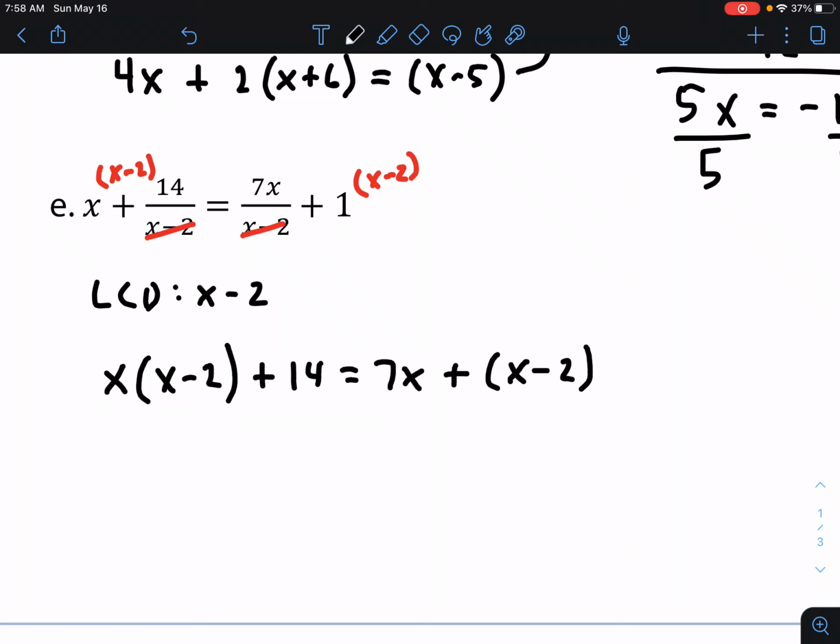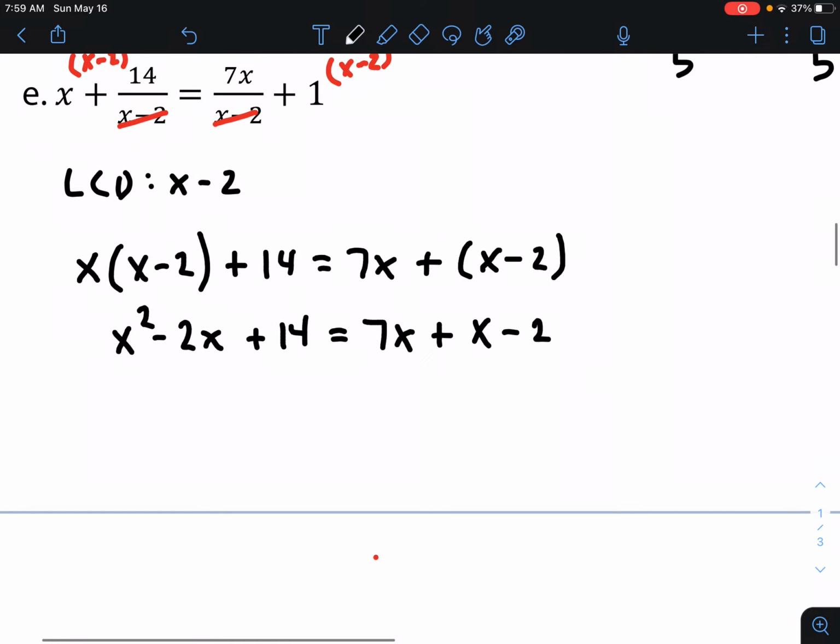Okay, so I'm going to distribute in the first one here, so we have x squared minus 2x plus 14 equals 7x, and then with this I'm just going to get rid of the parentheses because it's just addition and I can do that. If it were subtraction, I don't want to just get rid of it, I've got to distribute a negative, right? But in this case it's addition, so I can just write it like that.